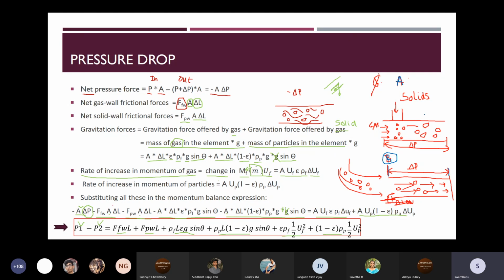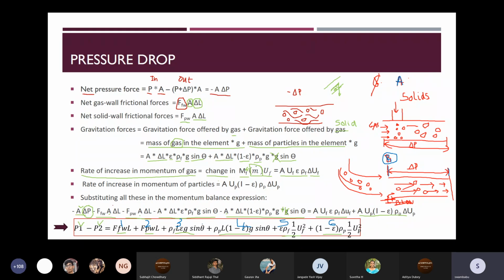Now, for case A, what are all the terms I need to consider? Here we have term 1, term 2, term 3, term 4, term 5, term 6. We have 6 terms.